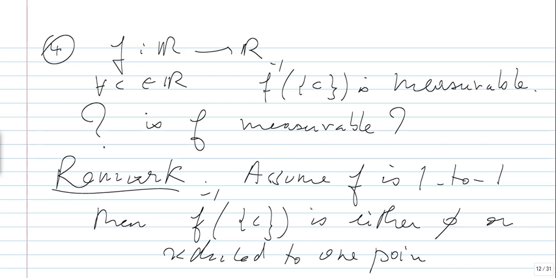So in this case, obviously, it's going to be measurable, so the assumption is satisfied. This tells me that any one-to-one map should be measurable. That's the idea here. So basically, if we assume that the conclusion is true, this will imply that any one-to-one map from R to R is measurable, and the answer is no.